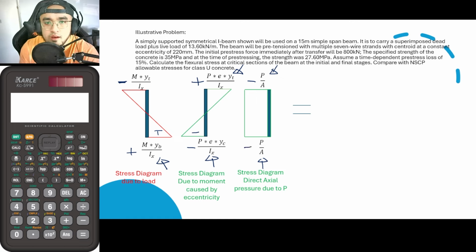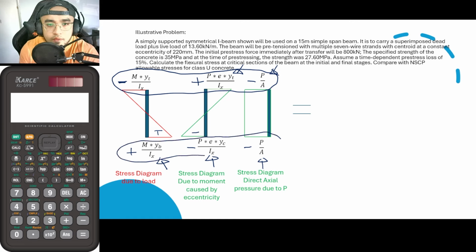So with that, in order for me to solve for the total top tensile stress, I would be combining all of this. Then for the stresses at the bottom part, I will now be combining all of this.